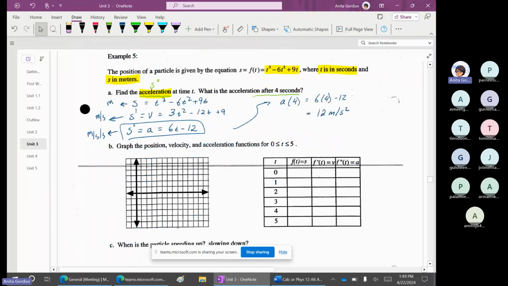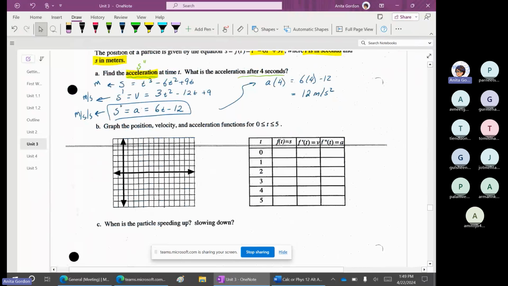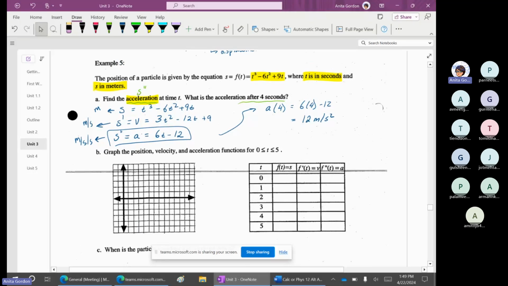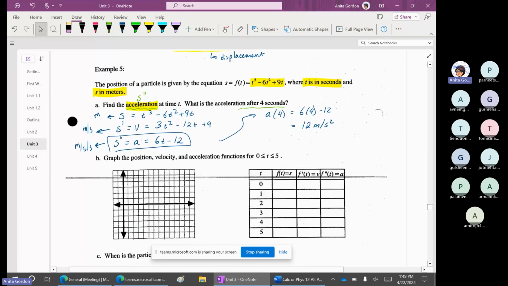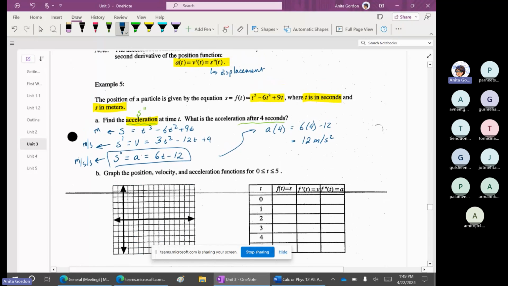Okay, graph the position, velocity, and acceleration for time between 0 and 5 seconds. So what we want to do is essentially sketch a graph of what's happening in the first 5 seconds. So with our graphing calculators, you can put the S function into Y1, the V function into Y2, and the A function into Y3.